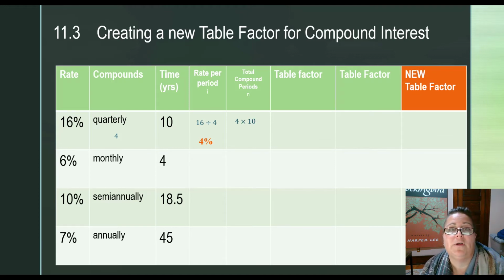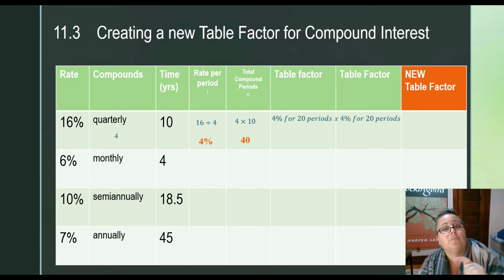Well, there's 4 per year for 10 years. This is 40 periods. As you look down the first column, you will see it does not go up to 40 periods. So instead, since this is an even number, I'm going to take half of that. For my first table factor, I'm going to look up 4% for 20 periods. And then I'm going to look up 4% for the remaining 20 periods.